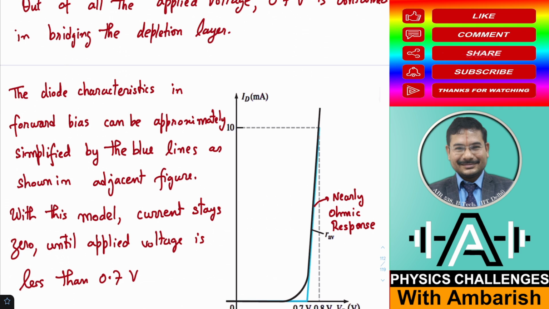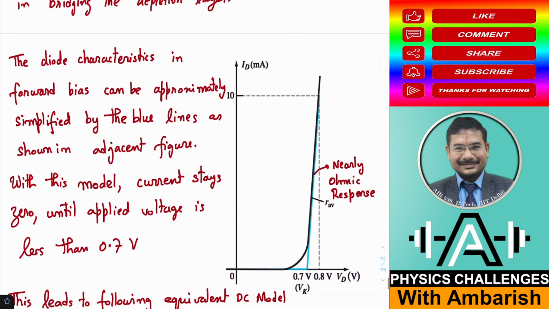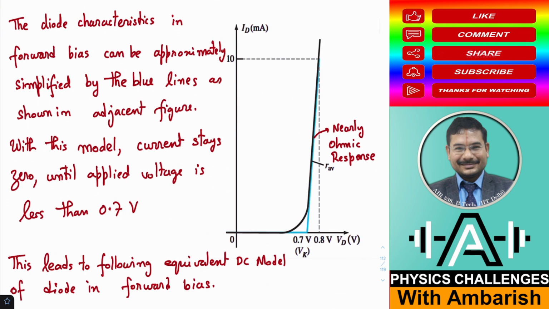Until then, practically the crystal has infinite resistance, because there are no charge carriers in the depletion layer, except for some minority flow. Once the depletion layer is bridged, current starts flowing. So whatever voltage you apply, let us say 3 volts, around 0.7 volts goes into bridging the depletion layer.